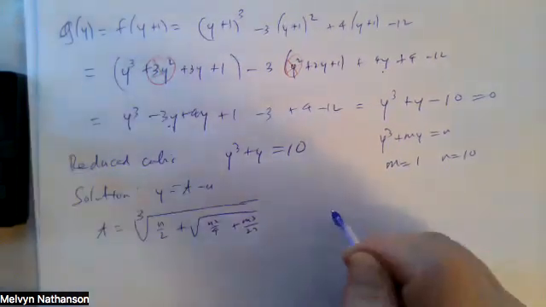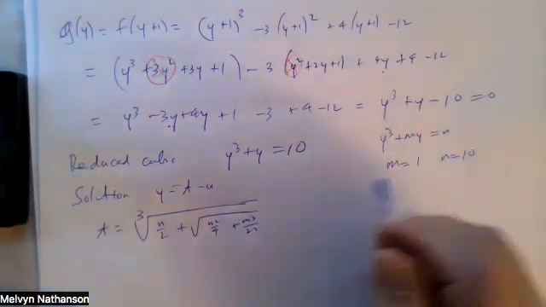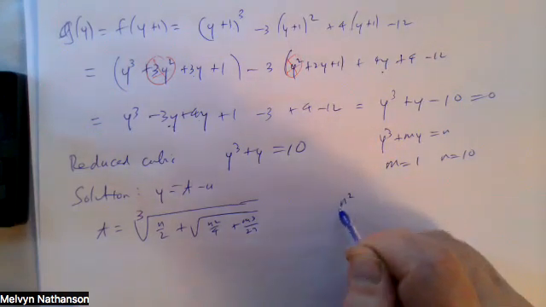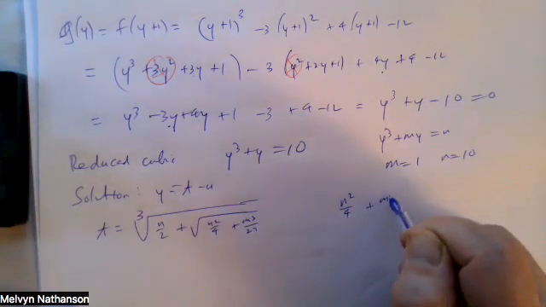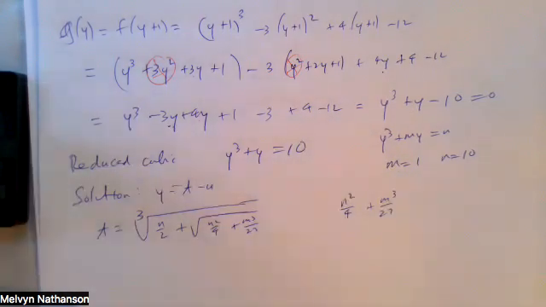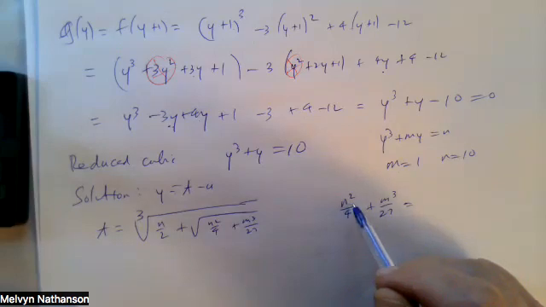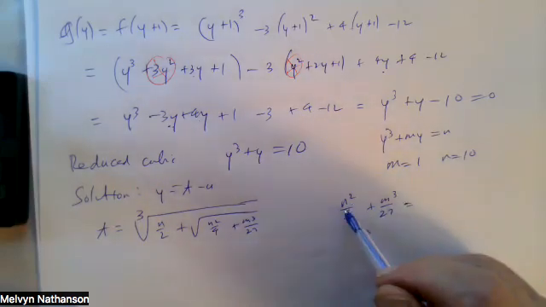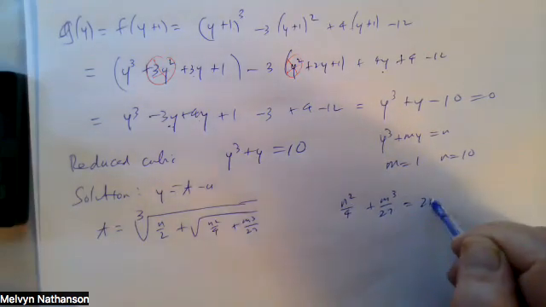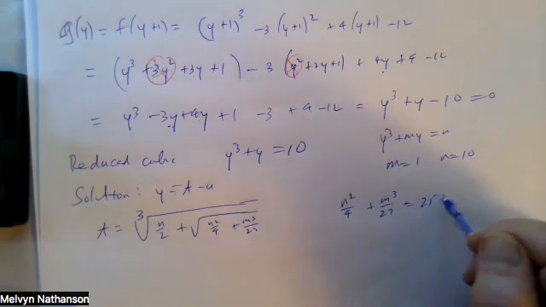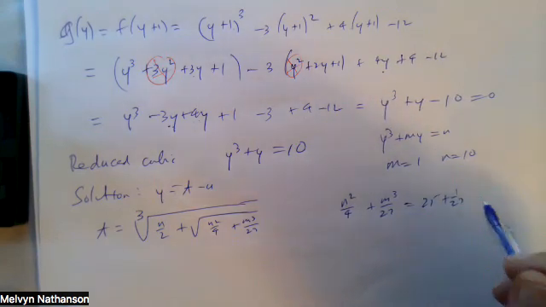Let's see. If m is 1 and n is 10, n squared over 4 plus m cubed over 27 is, let's see, 100 over 4, 25, plus 1 over 27.